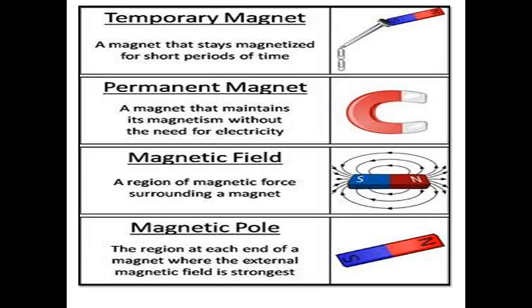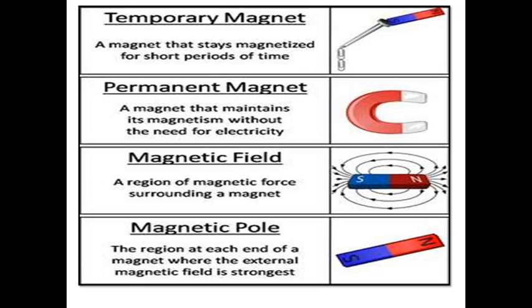Maybe we have seen one picture of a temporary magnet and a permanent magnet. We are using the electric cell, then the coil is there, so that is actually using electricity. But in the case of a permanent magnet, that magnet does its work without electricity.